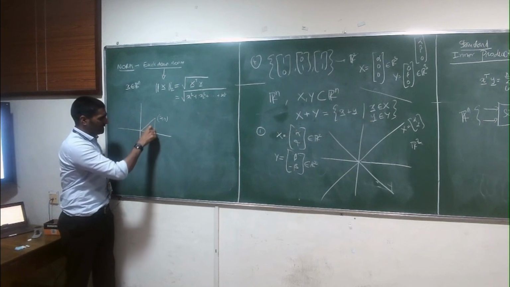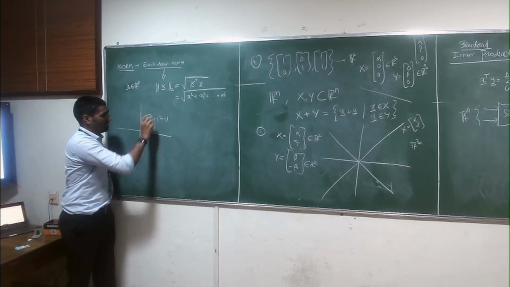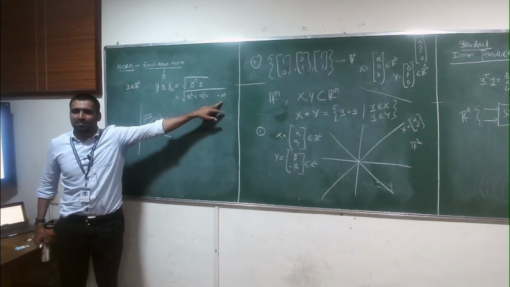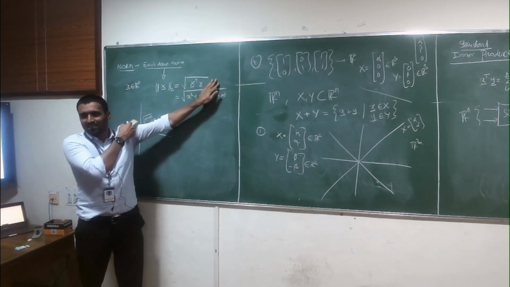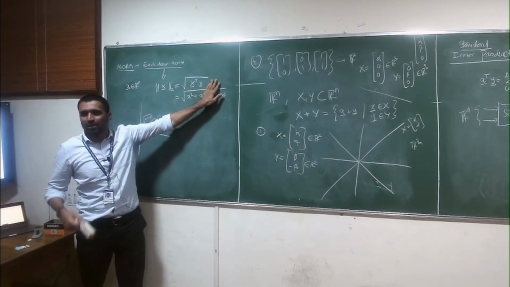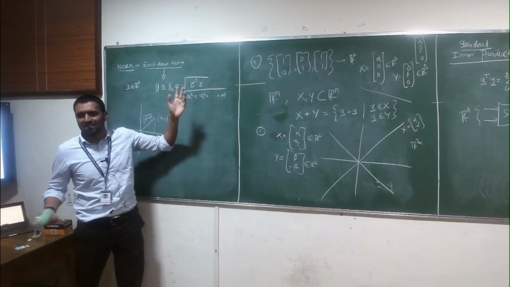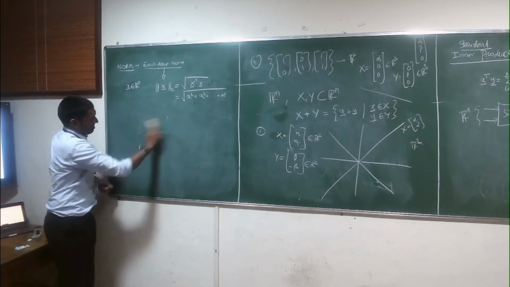This is nothing but using the Pythagoras theorem. It's essentially that extended to the nth dimension. Okay. If you're talking about vectors from R2, the Euclidean norm is exactly the formula that we use for measuring distances in a plane. If you have R3, then it's the same. How we measure distances in R3.